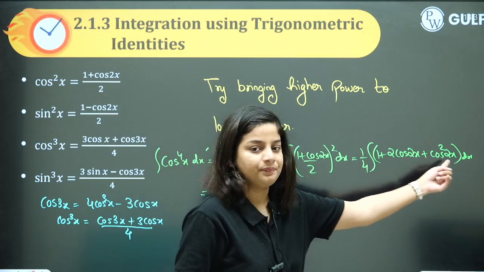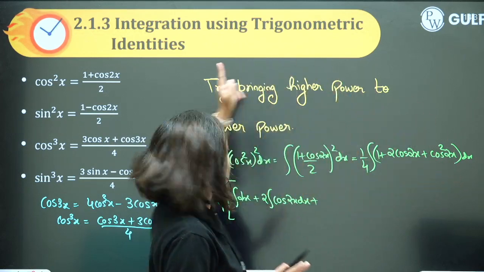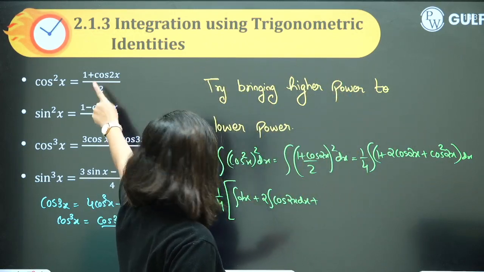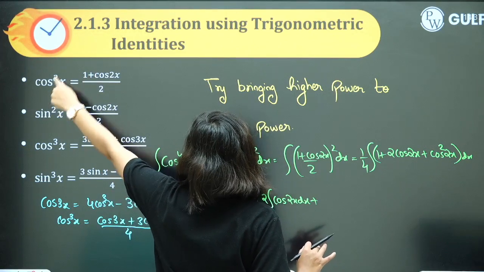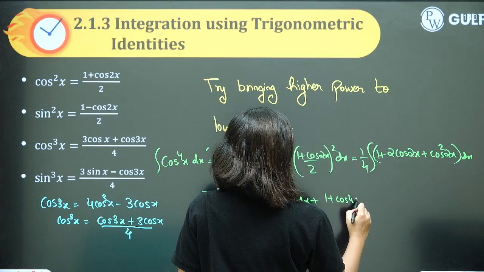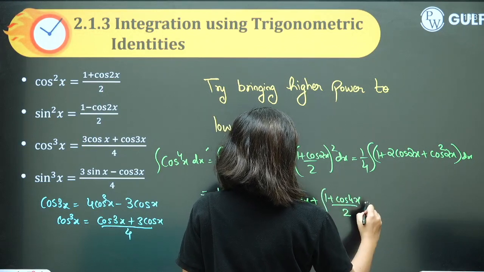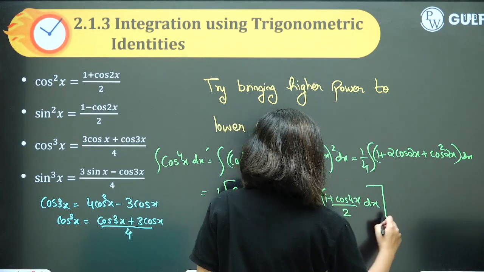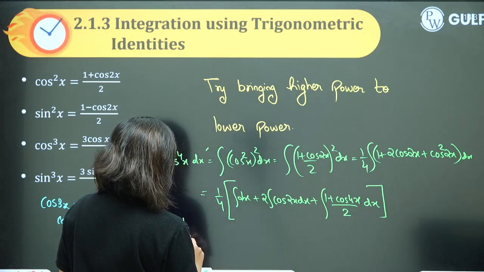What to do now? We don't know the integral of a square, but we can always convert it using the double angle. So cos square 2x will become (1 plus cos 4x) by 2 dx. And now, finish it.